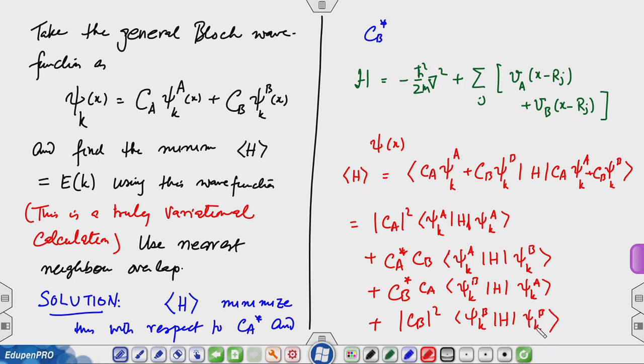And it is in calculating these expectation values that I will be making use of nearest neighbor overlap and so on, whatever approximations we make.